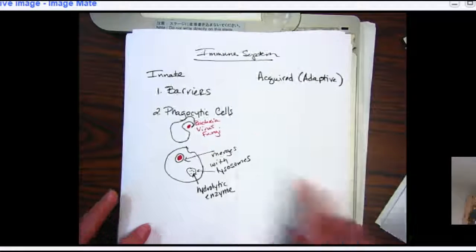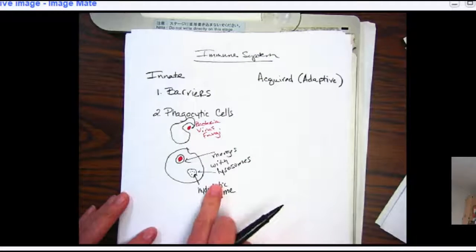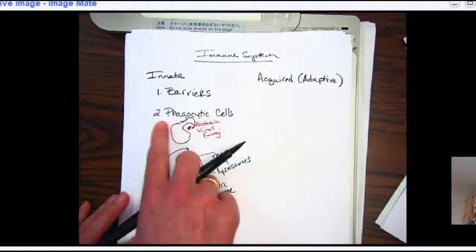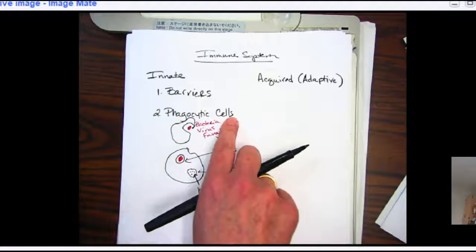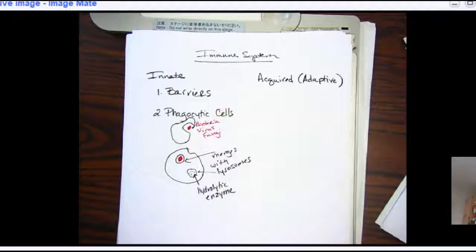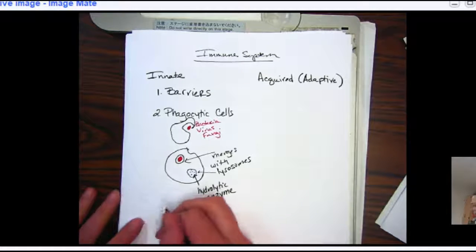Now, this is something that you're born with because these phagocytic cells like neutrophils and macrophages see generic receptors that are found on most pathogens.